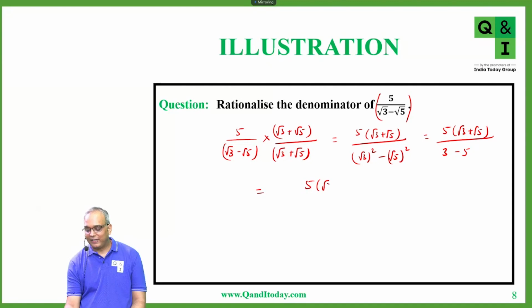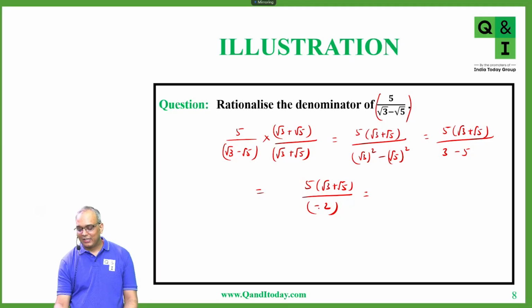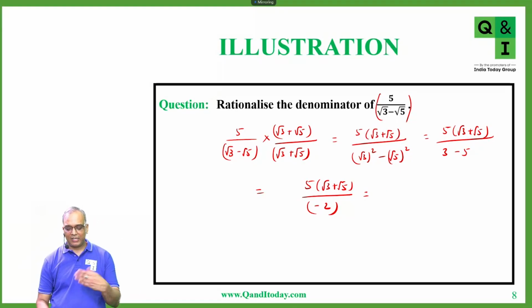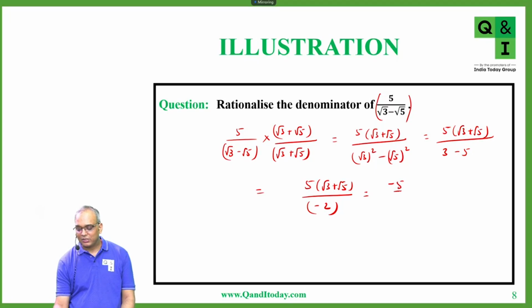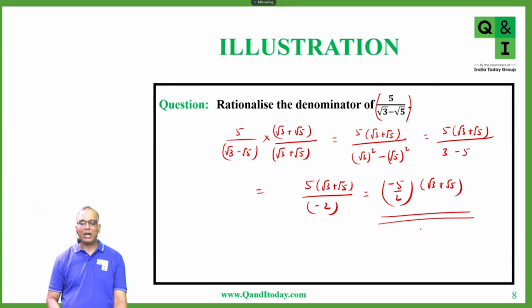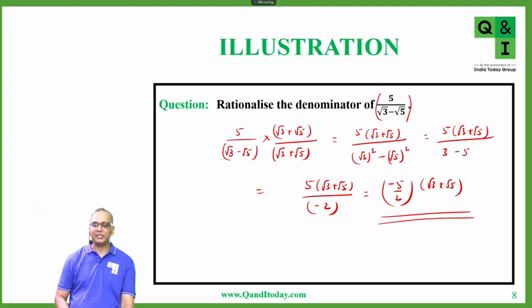So 5 times root 3 plus root 5 divided by minus 2. Because we should not have a negative sign in the denominator, we have to take it in the numerator. So this is minus 5 by 2 times root 3 plus root 5. So this is your value after rationalizing the denominator of 5 divided by root 3 minus root 5.